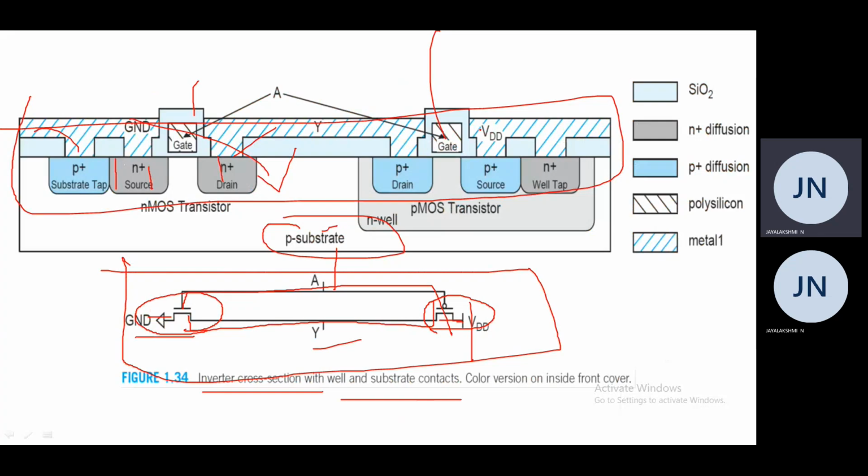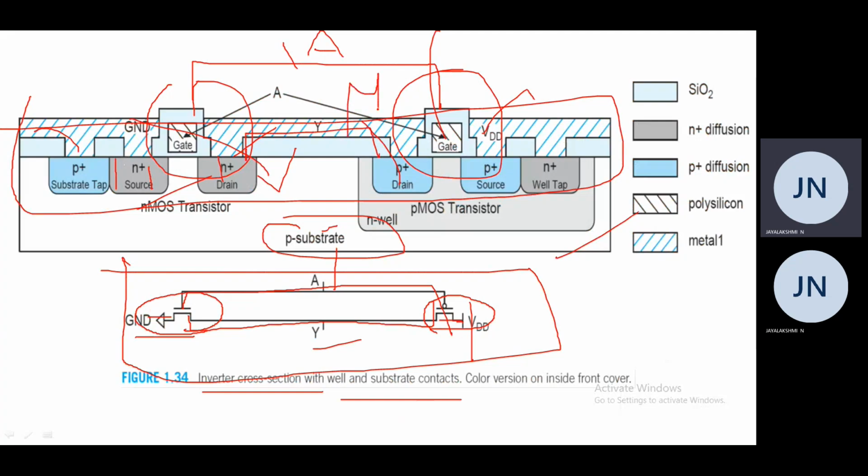Here also gate, source, and drain terminals. These two are the gates. You can see this is the NMOS transistor and the PMOS transistor. The gates of both transistors are connected together and give us input A, and the drains of the two transistors are connected together and provide us output Y.